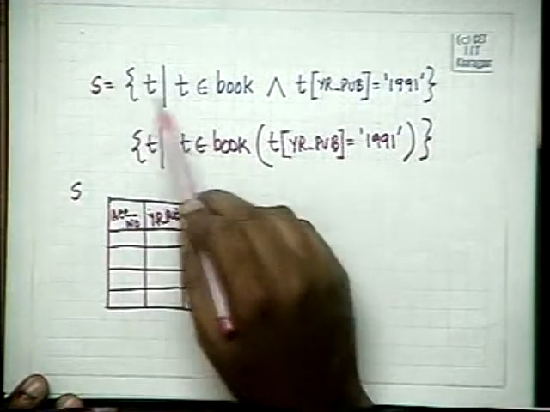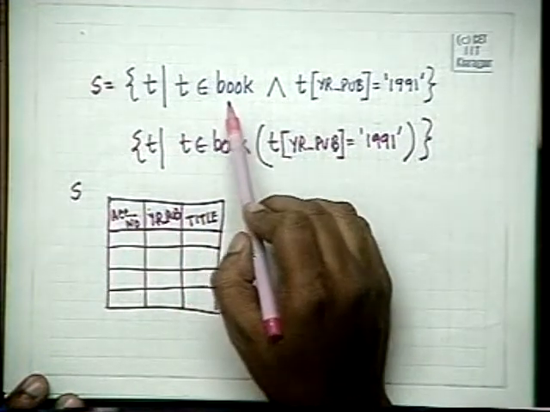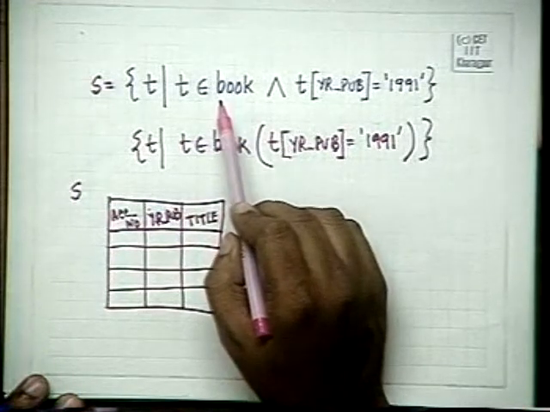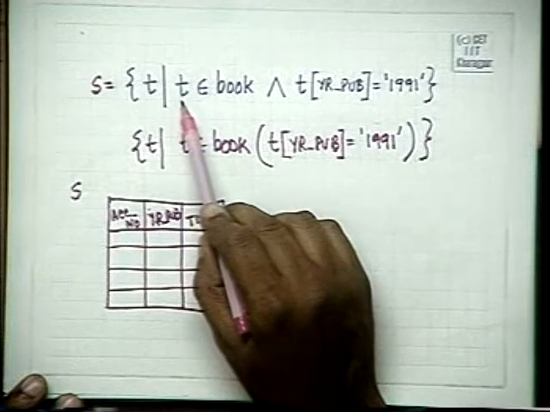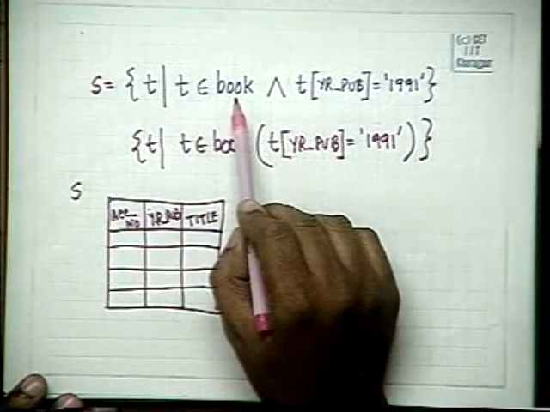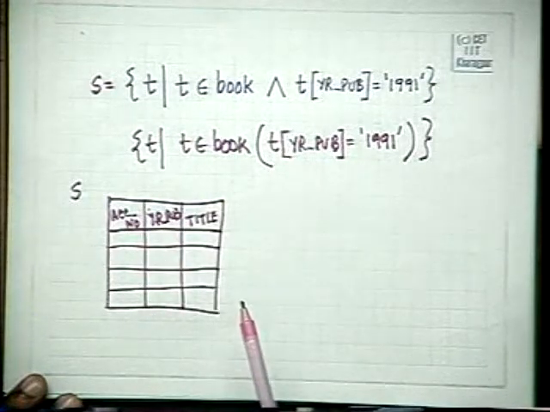So, this is how we get the attributes if I have T element of book. There are other ways to get a subset of the attributes which we shall come to later on. But in the simplest case, when we write just T element of a relation R, all the attributes of that relation are attributes of the new relation formed as well.